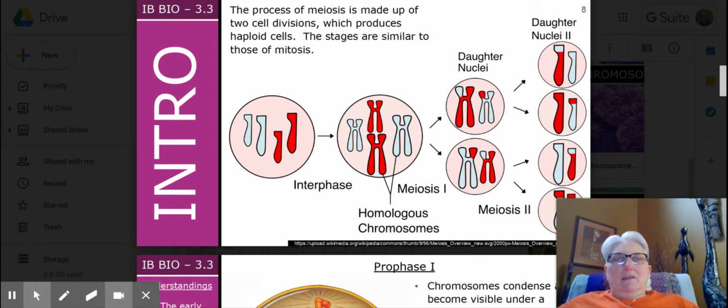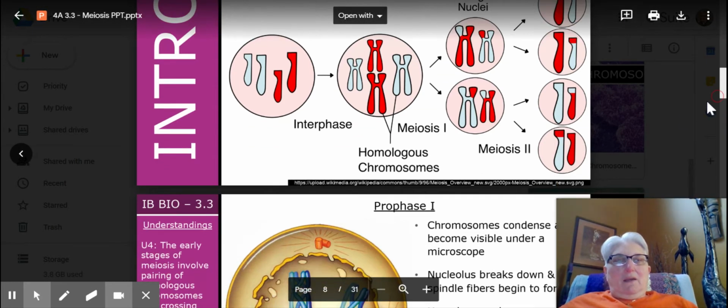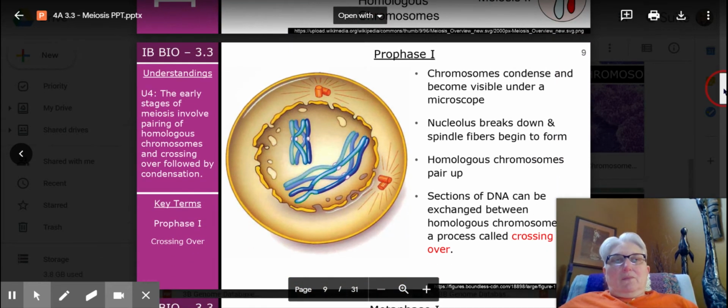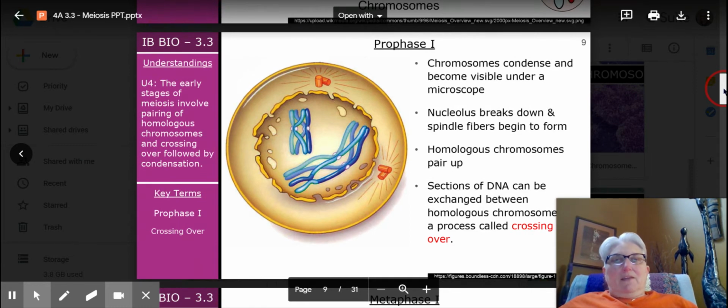So the nucleus begins to break down, and we will see individual chromosomes inside. So notice there is meiosis 1 and meiosis 2. We have to have two phases here. So let's run through all of those phases, beginning with meiosis 1. And the first phase, the phase names do not change.